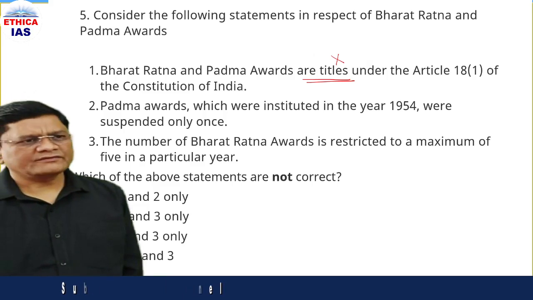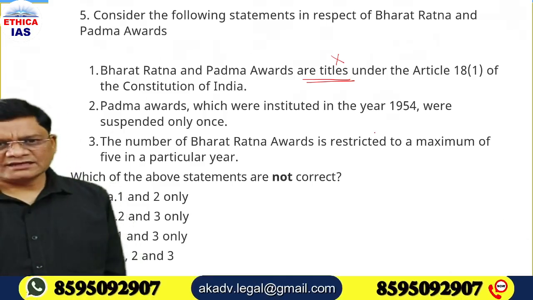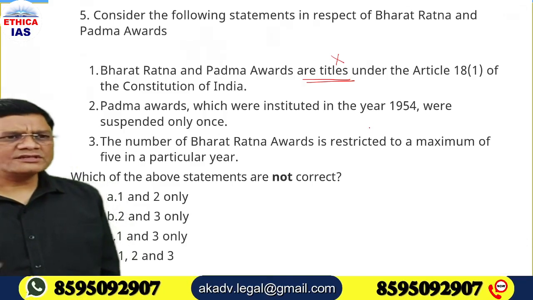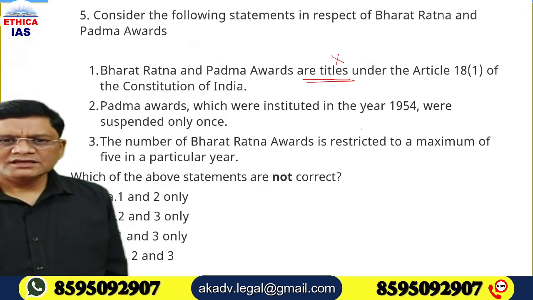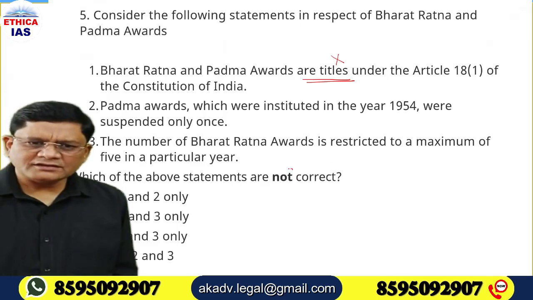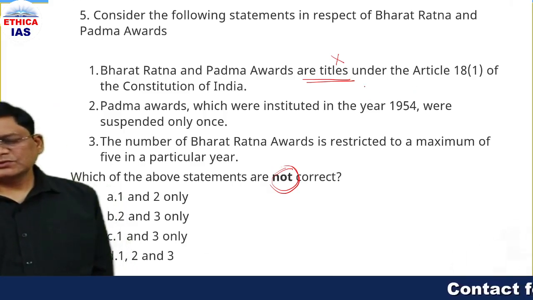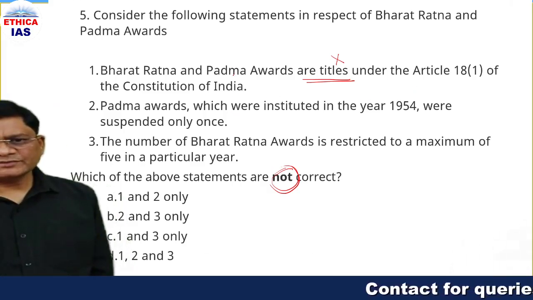It is a kind of award, a prize, so it is not a title. We know the difference between title and prize. And we have to find here which is not correct. So the first option is not correct.